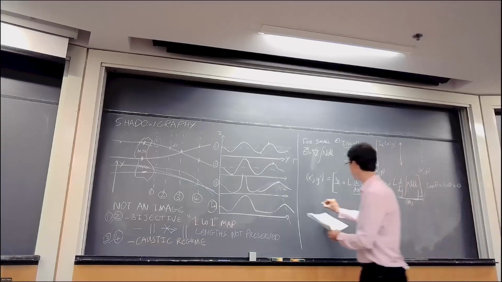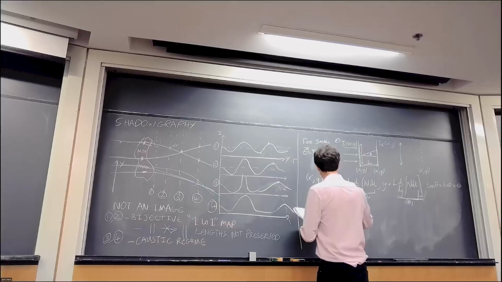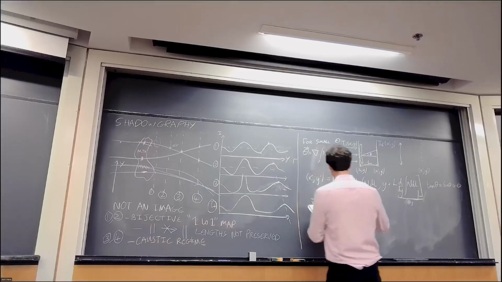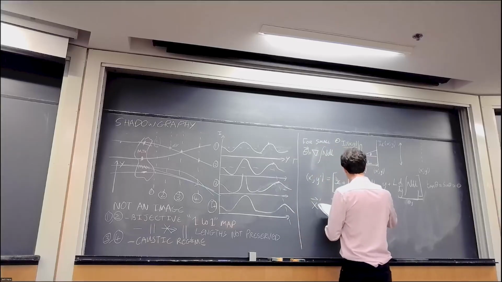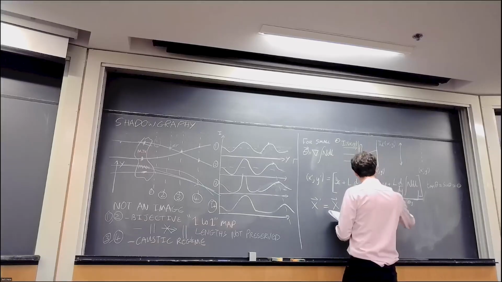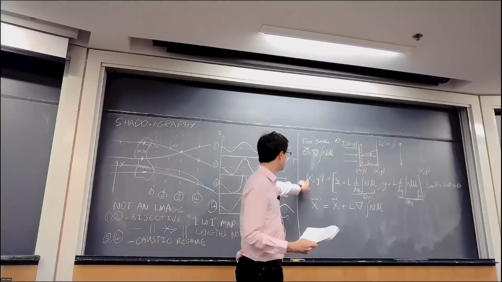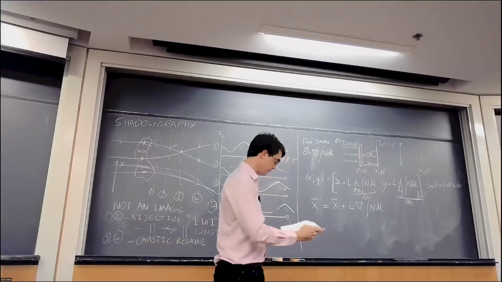And so we could write this more compactly in vector notation as some vector x prime is equal to some vector x plus L gradient operator on the integral of n dl, like that. So this is just another representation of this.